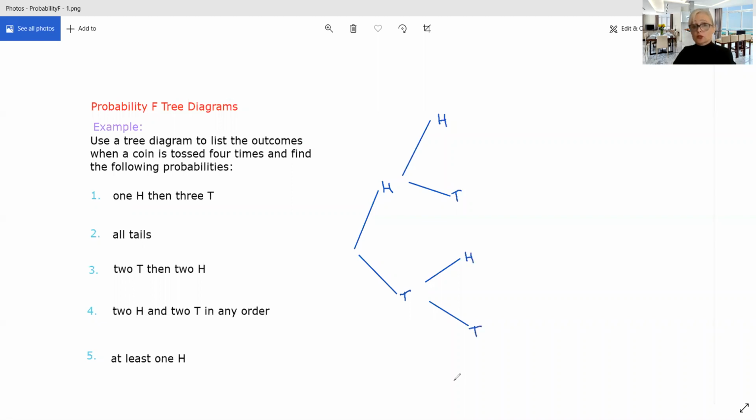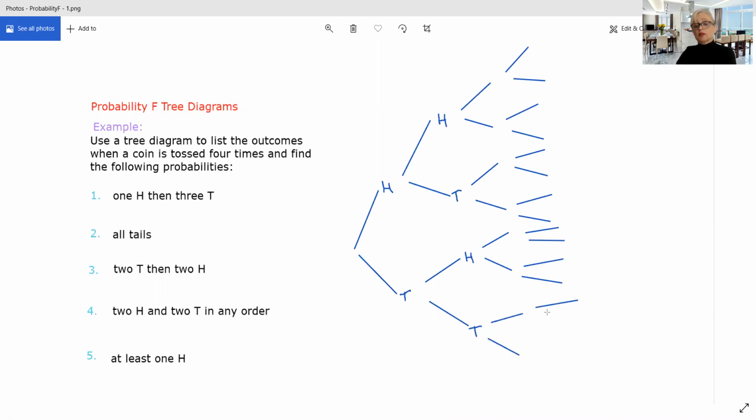All right, we're going to do that 2 more times. Let's just quickly get that drawn. And then we're going to be able to get a list of all our possible outcomes.